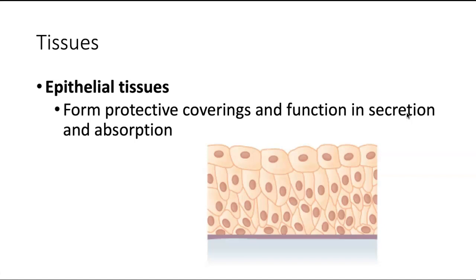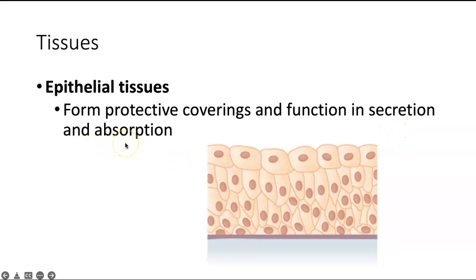Sweat is a common one, and saliva is another. All your glands, your adrenal gland, your pituitary gland, all those guys, function by the release of certain chemicals or mixtures of chemicals called secretions. Okay, so they function with that.